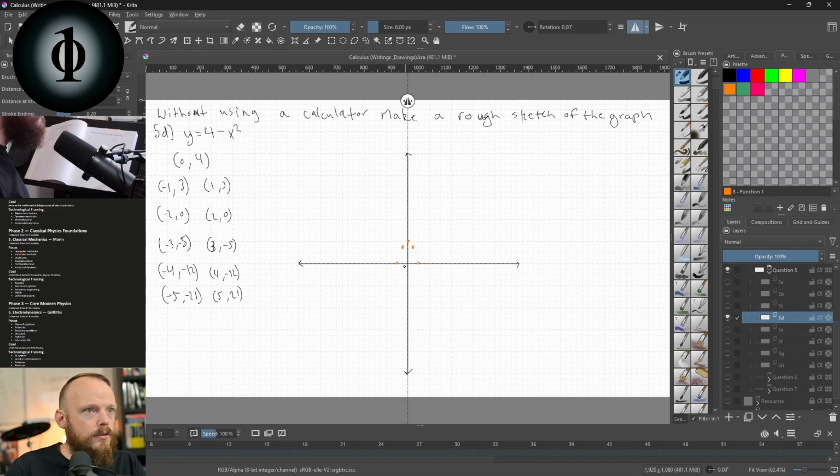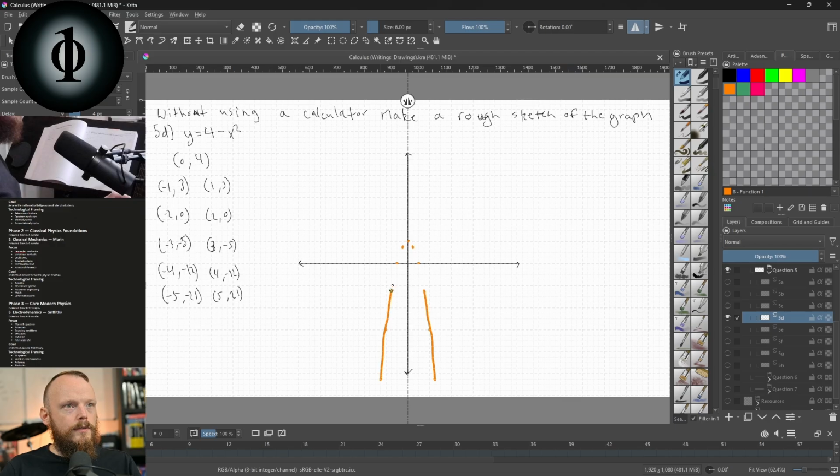When x is -3, y is -5. When x is -4, y is -12: 4, 8, 12. And -5, -21. So our graph is going to look something like that.